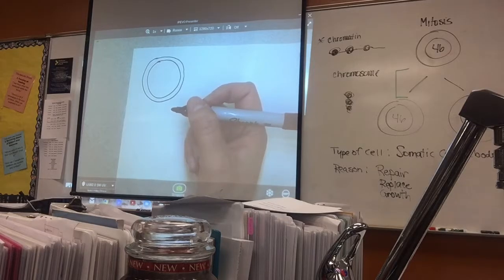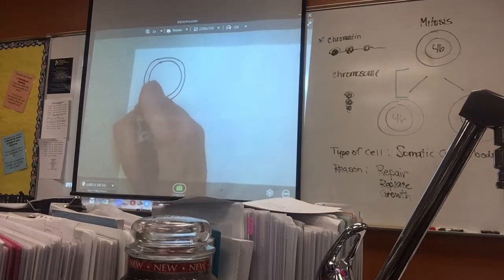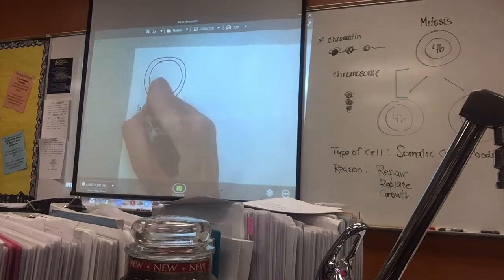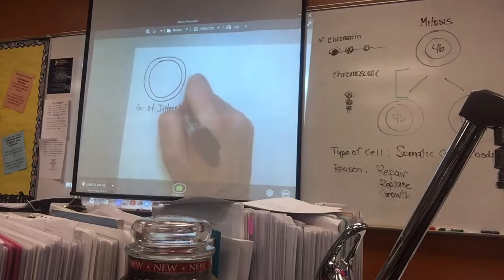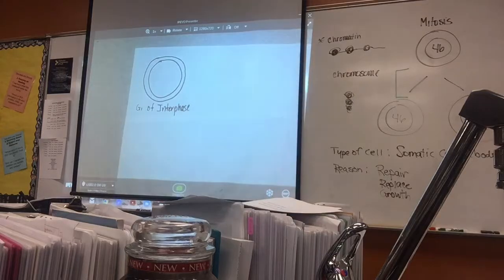They're called the G1, S, and G2. So this is the G1 phase of Interphase. So this is when the cell's hanging out. All right, most cells are in interphase when you see them underneath the microscope, because most cells are not dividing.